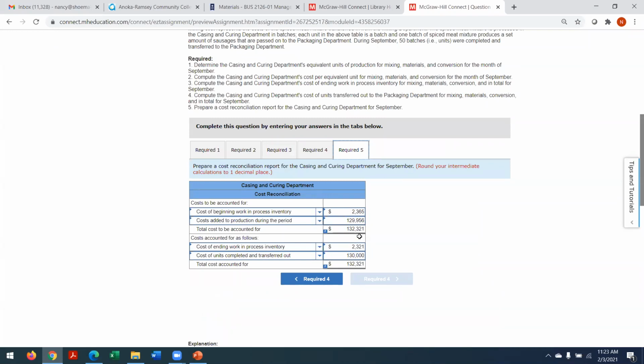Total cost to be accounted for, the 132,321.